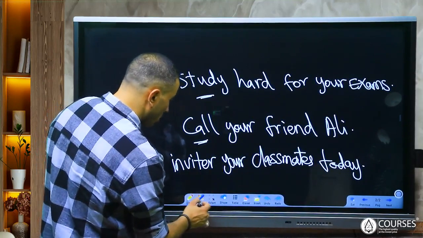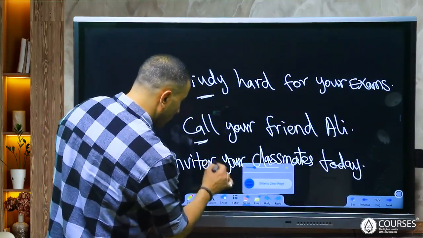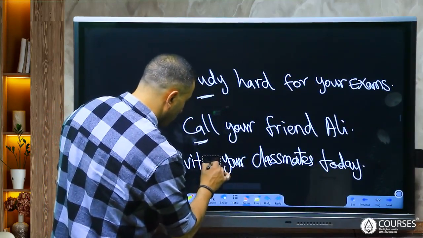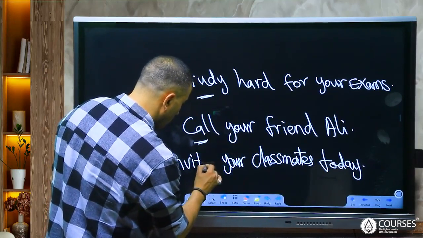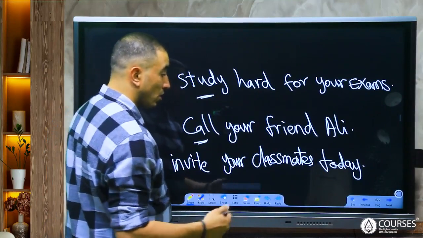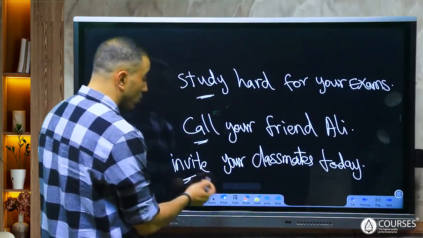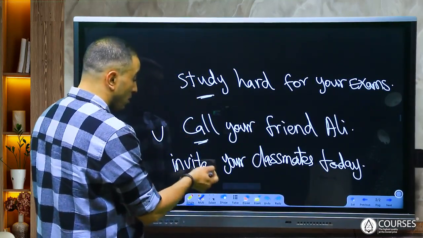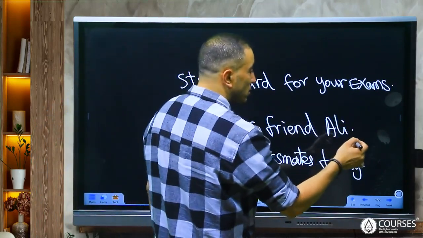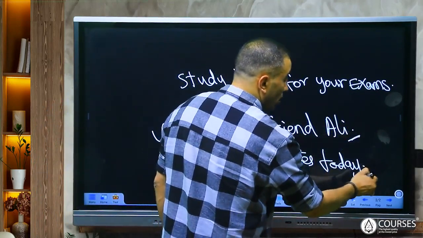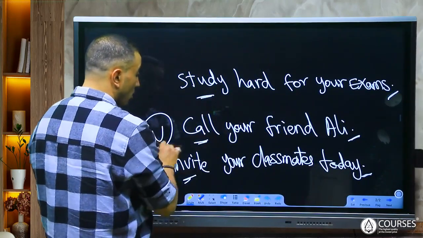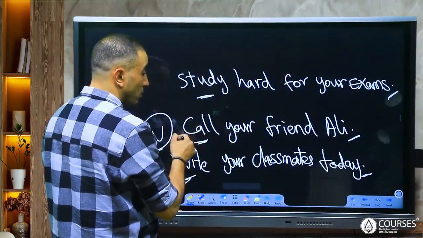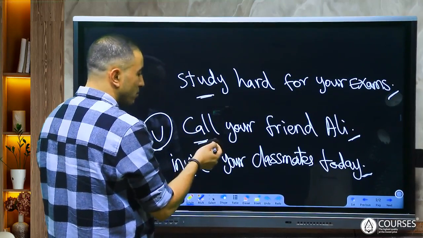Invite, sorry, without the E. Invite your classmates today. Here I'm giving you an order. We start the sentence with the verb. And this type of sentence also ends with a period. Here we started the sentence with the verb, and it's an imperative one. Also it's the affirmative one.